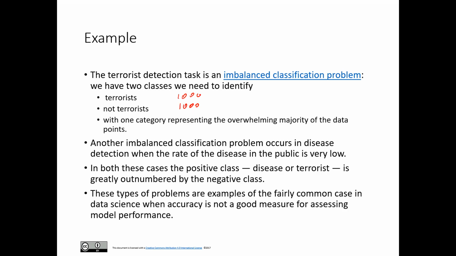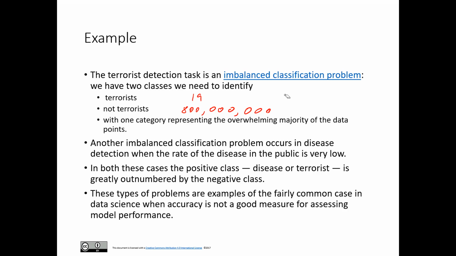That would be convenient for machine learning, because it wants balanced data sets. But in real life, it's problematic for the algorithm, because you end up with 19 terrorists versus 800 million or so. So this is highly imbalanced, and it's a very challenging problem for machine learning.